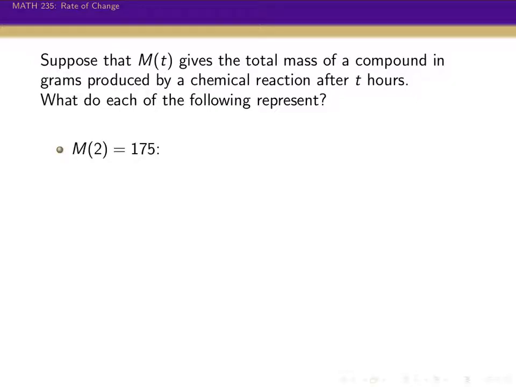Okay, so what if I said m of 2 equals 175, right? So 2 is getting placed in to t, and this is the 175. This is talking about a value of the function.